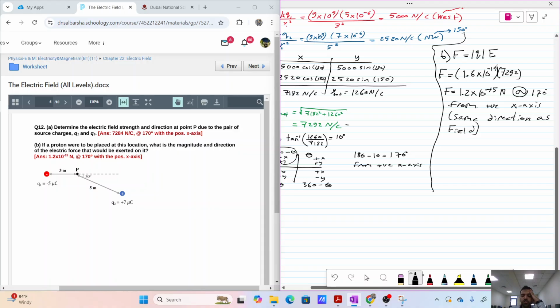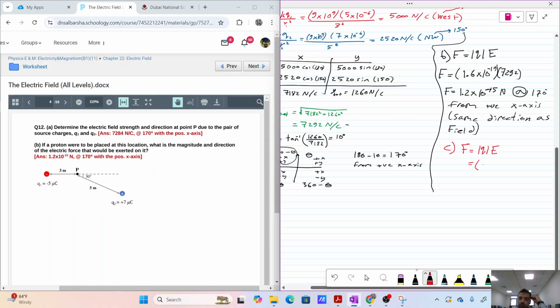Let's say in the question I added another part and I told you to find the force on an electron. We basically do the same thing. Force is equal to magnitude of charge times E. For an electron, the charge is minus 1.6 times 10 to the power minus 19.